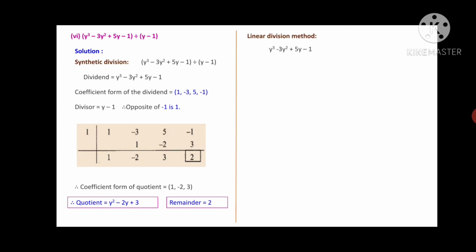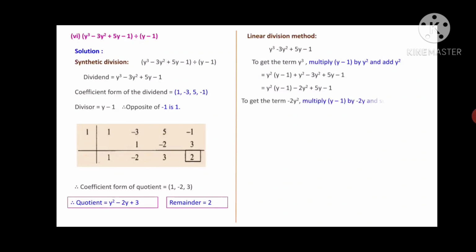y minus 1. So in order to get the term y cube, multiply y minus 1 by y square and add y square. So y square into bracket y minus 1 plus y square minus 3y square plus 5y minus 1. So you can write here y square into bracket y minus 1 minus 2y square plus 5y minus 1.